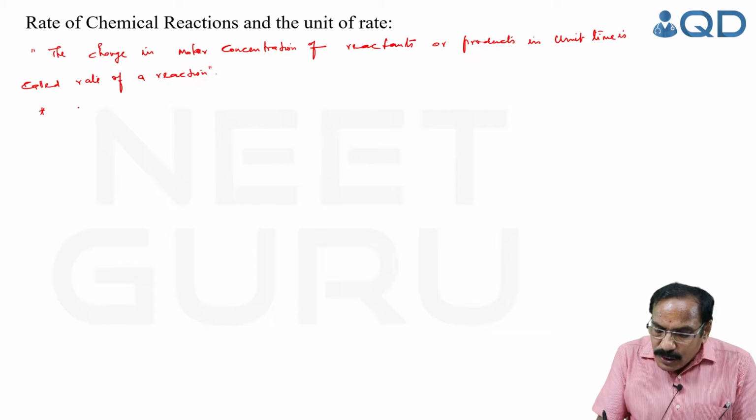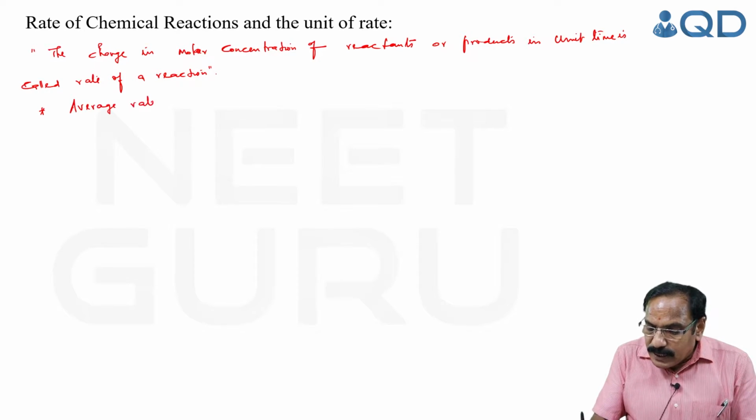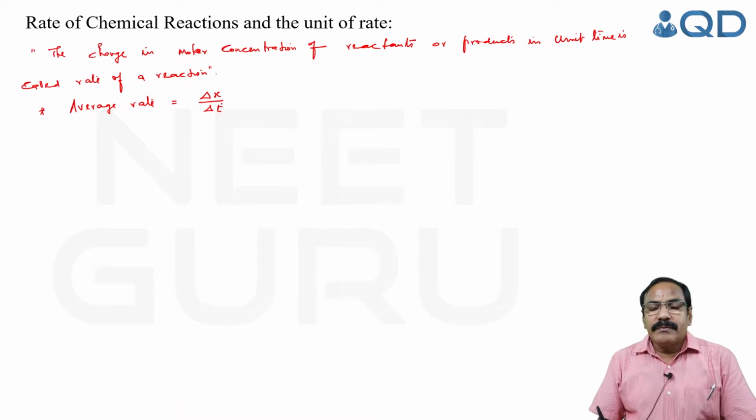Now, what is average rate? It is represented as delta x by delta t, where delta x is the change in concentration of reactant or product in a time interval delta t. The interval is large.